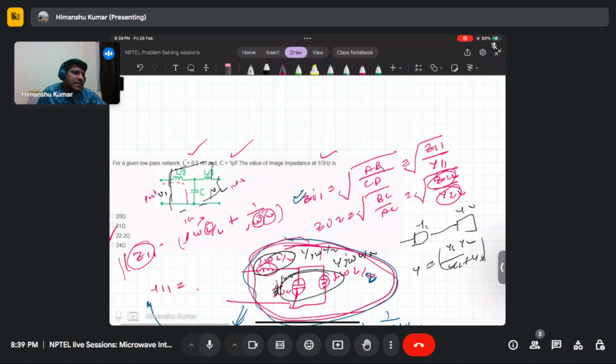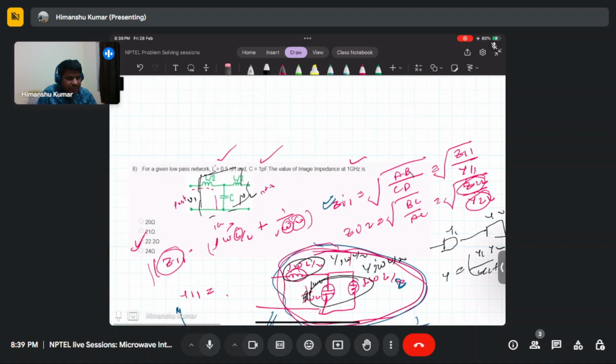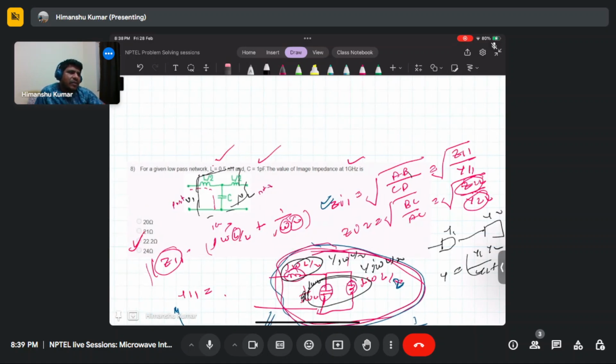Image impedance is required because image filters are there. The image impedance is required if you want to design all these image filters, and different kinds of methods are there to realize the filter. So basically it's a filter realization method only.